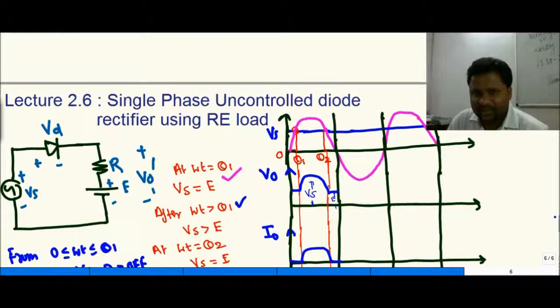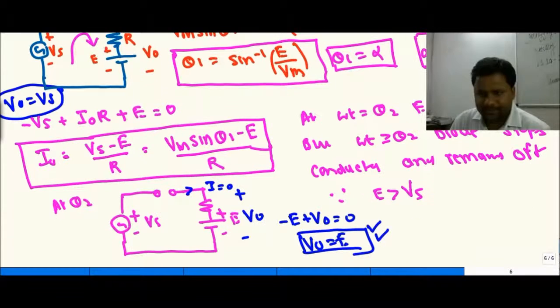Now what will happen when the supply voltage becomes negative?